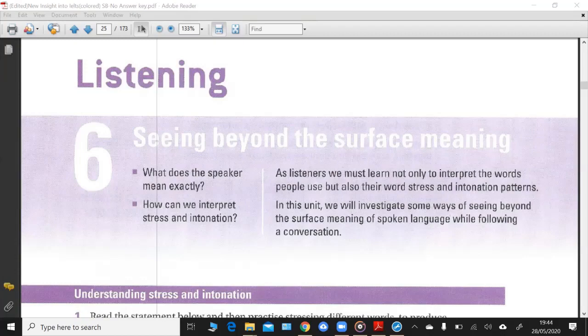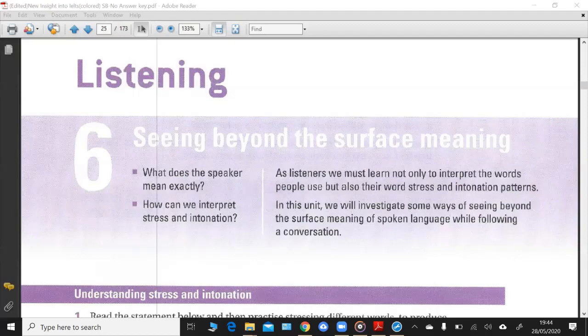What is he asking exactly? For example, here, what does the speaker mean exactly? What does he want to say? How can we interpret stress and intonation?